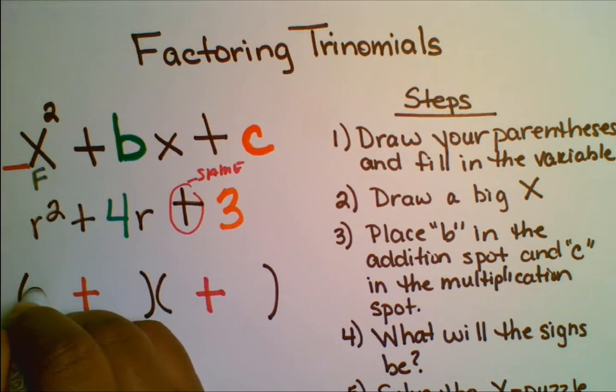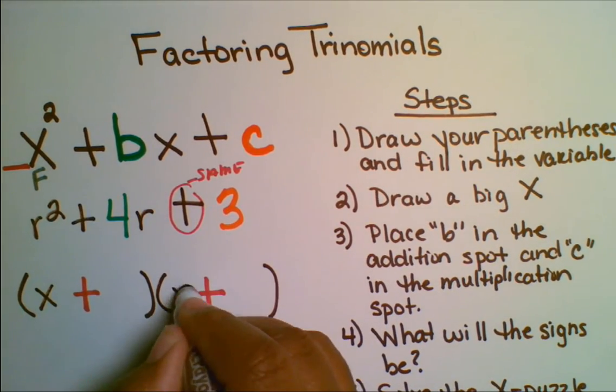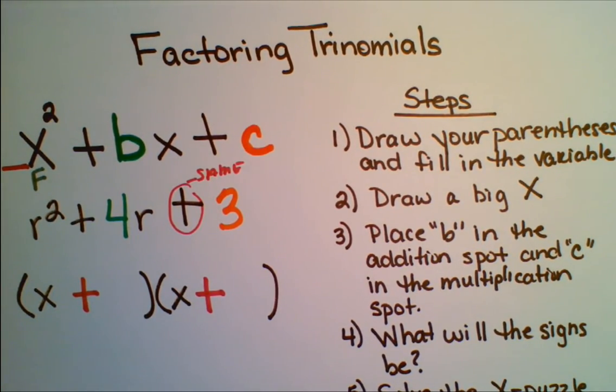Well, it's x and x. So we're going to fill in that first part there. That's the simple part, breaking down the x squared. If it's x to the fourth or x to the sixth, when we're talking about multiples of 2, we can break it down. And remember, x squared is a perfect square, because whenever we multiply x times x, we have x squared.